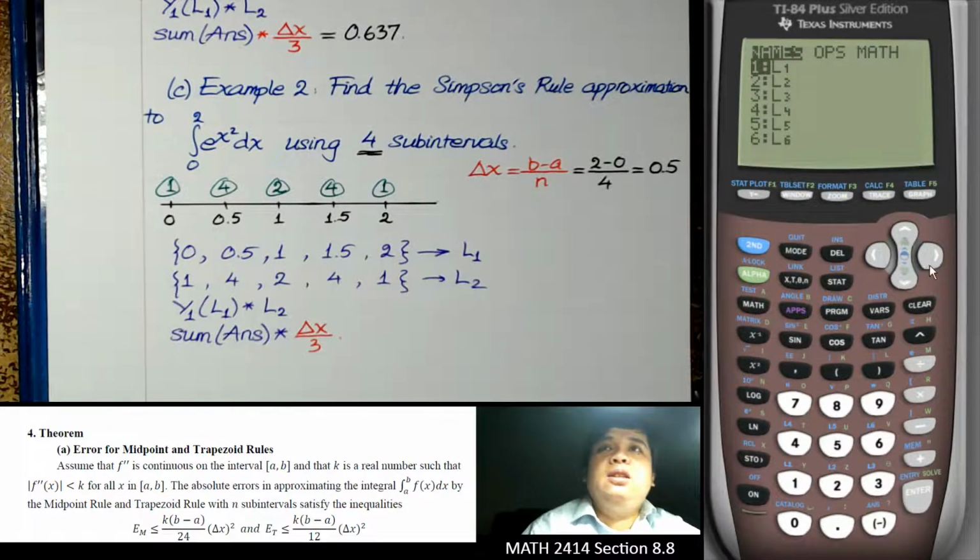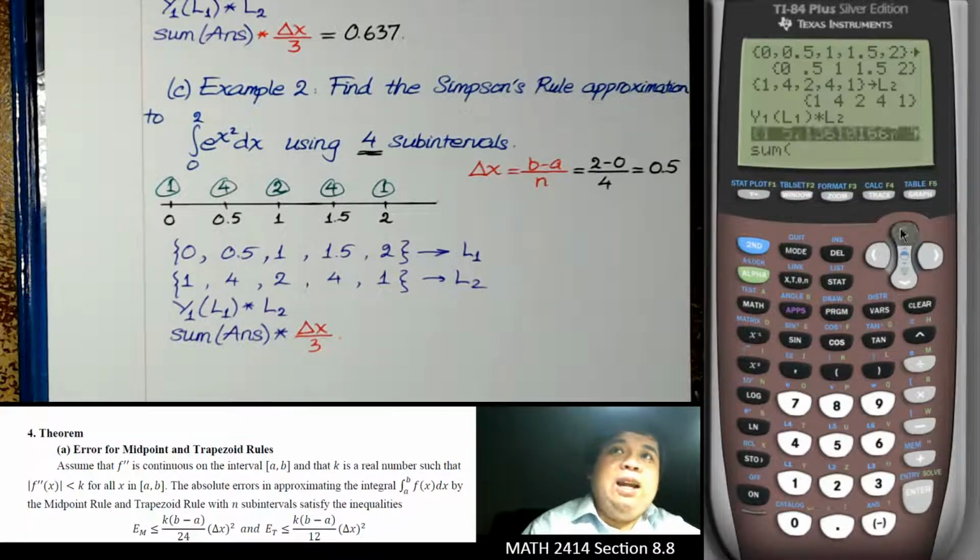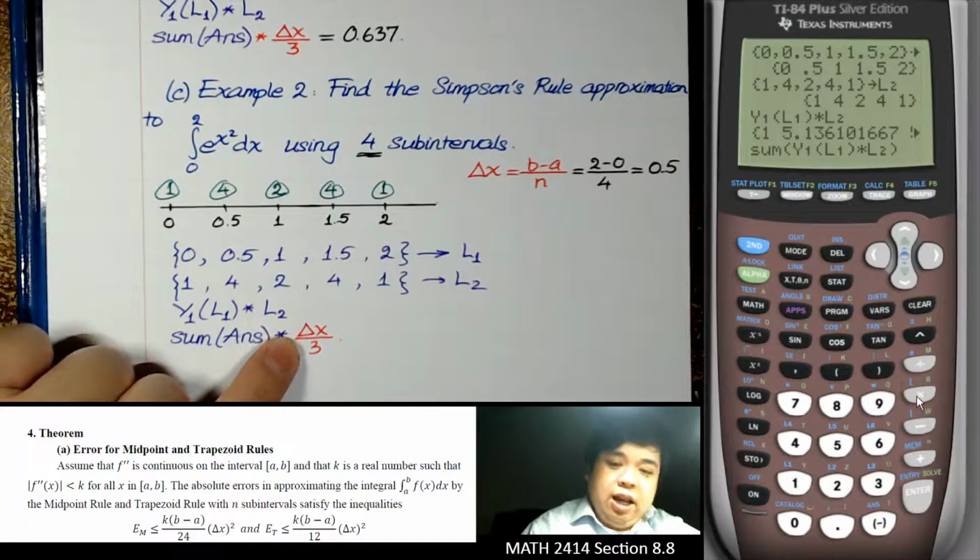Second stat, go to math, option number 5, and then highlight, close that, and then times delta x, 0.5 divided by 3.